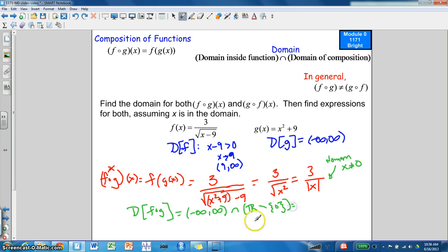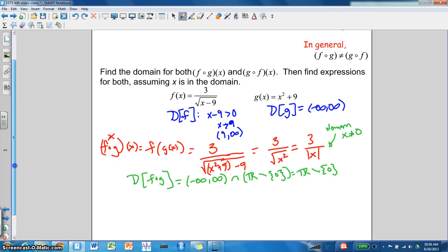Okay, and this intersection, so this is saying I have all real numbers, but I also have to have all real numbers except 0. So what values do they have in common? Well, this is actually all real numbers except 0. I have to remove values from here, and I'd also have to remove it from here. So look at the overlap. Intersection refers to overlap.